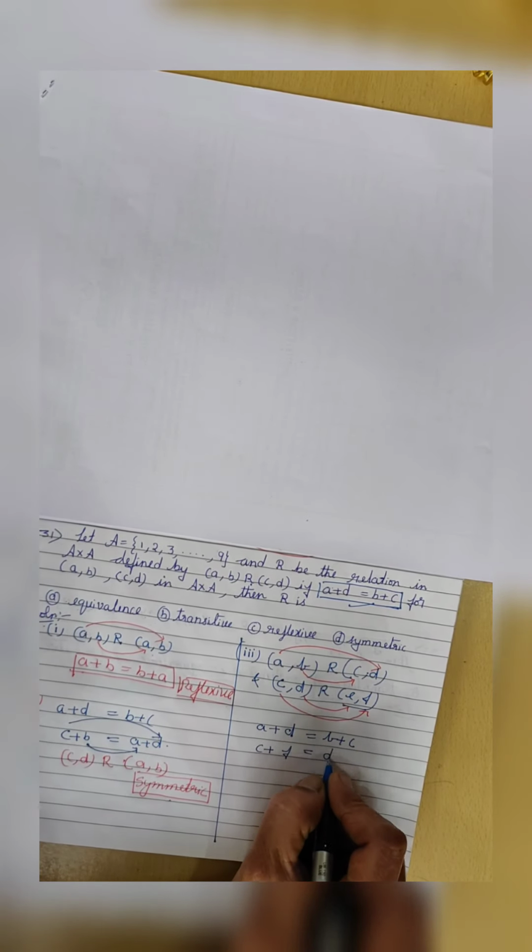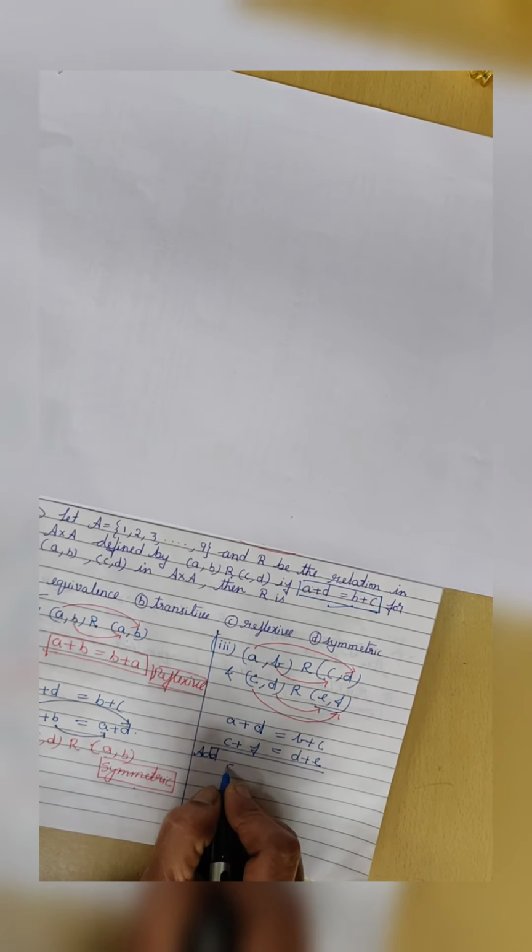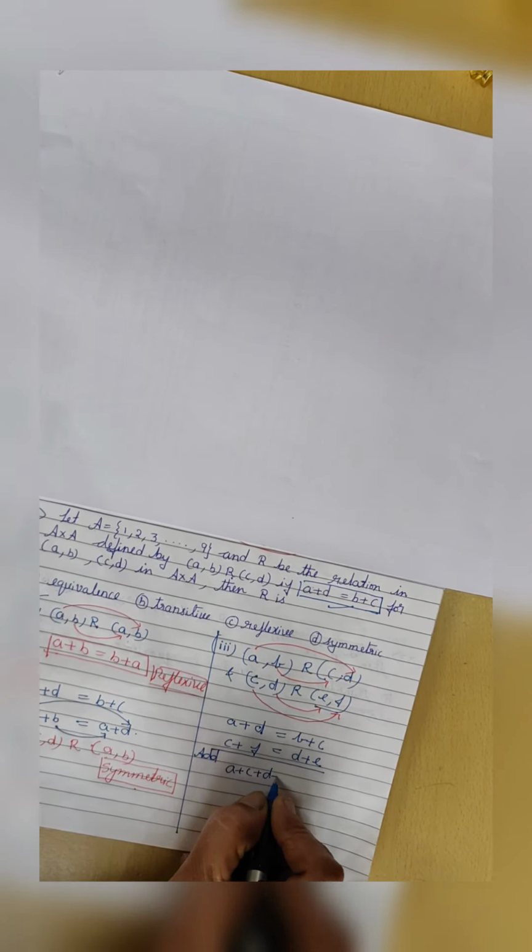From this, a + d = b + c. Then for this, we have c + f = d + e. Let us add these two. So we get a + c + d + f = b + c + d + e.